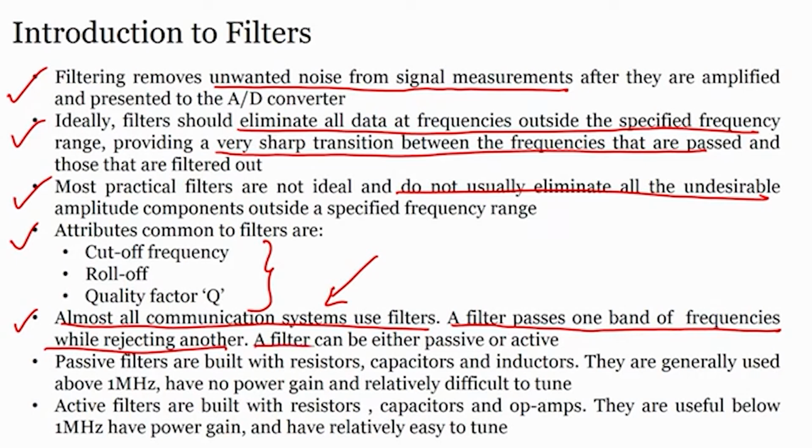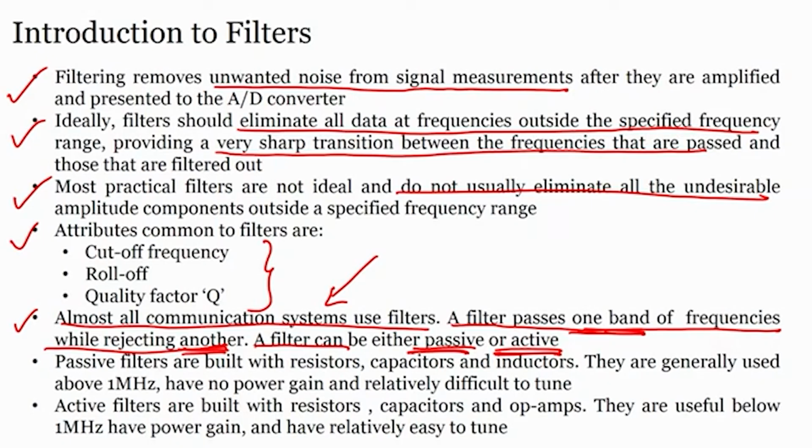A filter can be passive or it can be active. This I have already discussed, right. There are active filters, there are passive filters. A filter passes one band of frequencies, alright, while rejecting another, and a filter can be passive or it can be active.